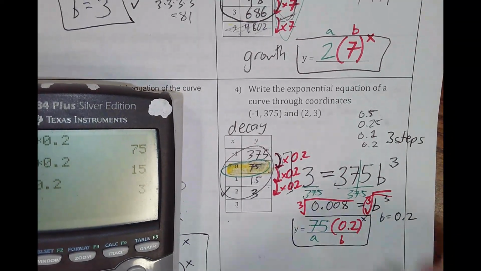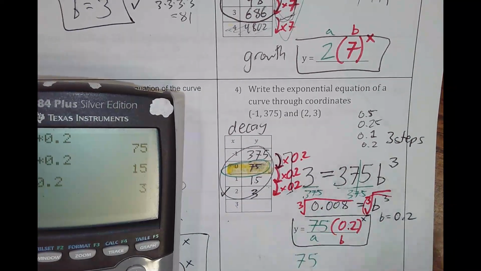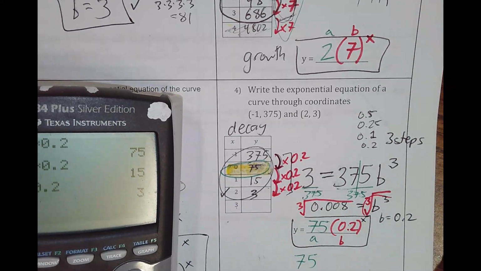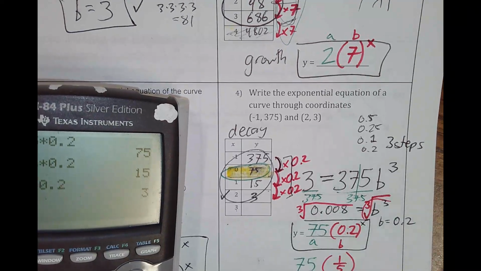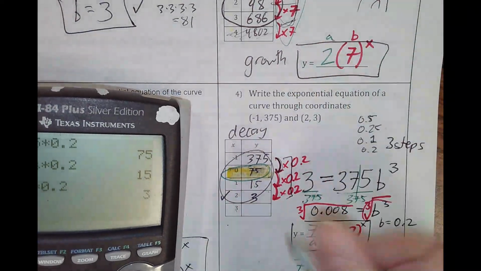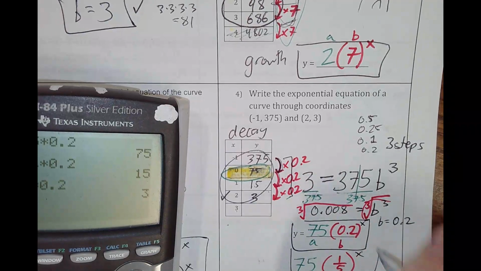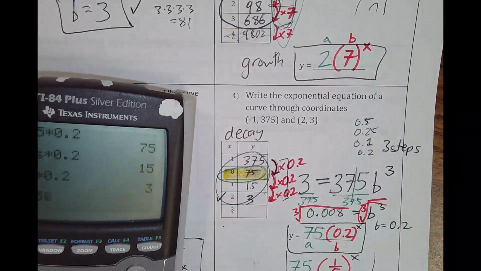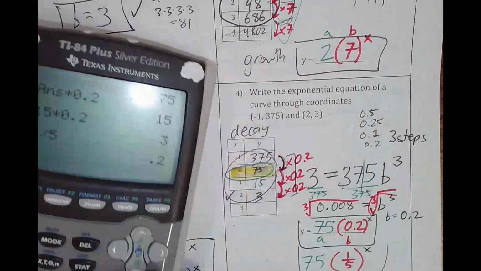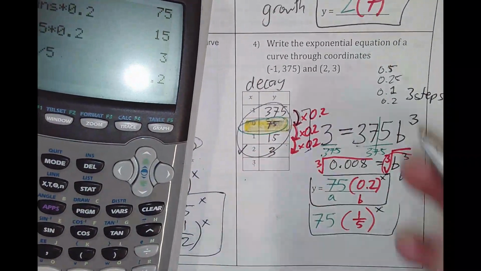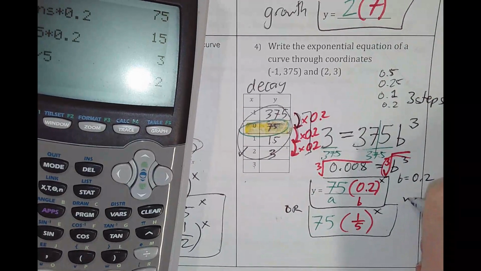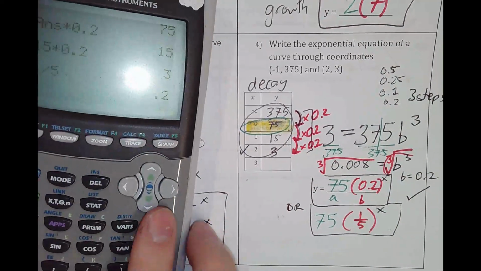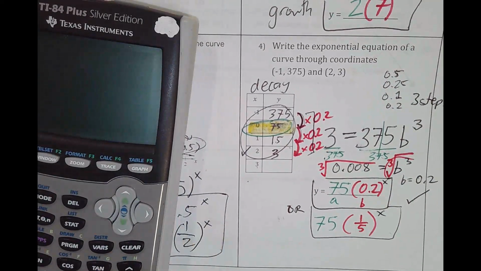You could have also said, oh, look, I know I need to start with 75, but I also need to multiply by 1/5. Either of these 2 answers are the same. Why? What is 1/5? 1/5 is 0.2. So either of these 2 answers is correct. And we're done.